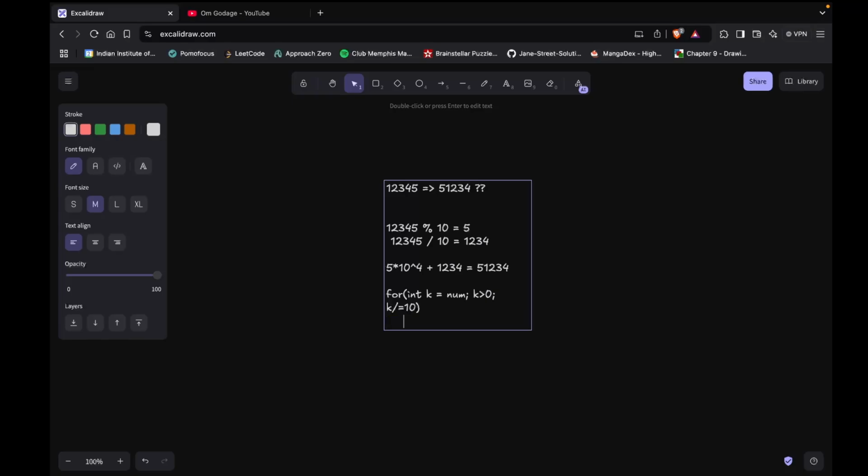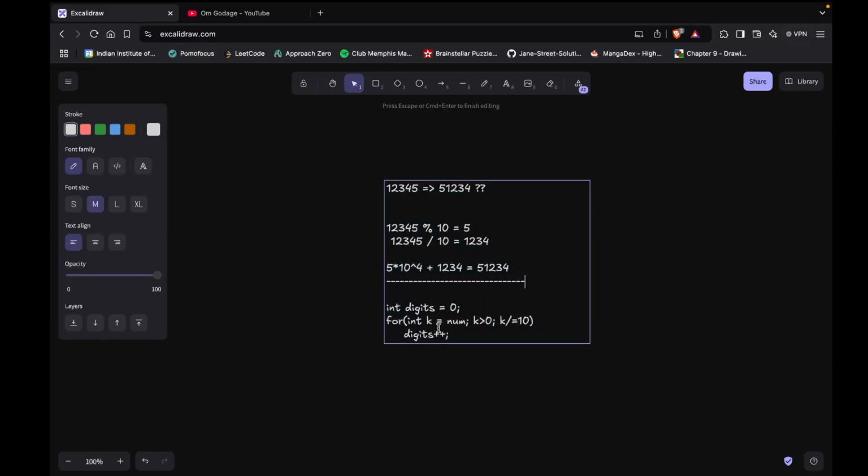And inside you will just do digits plus plus, and digits will be defined as 0 at the start. Okay, let me make this wider. So num will be 1 2 3 4 5. So at the end of this code your digits will be equal to 5.